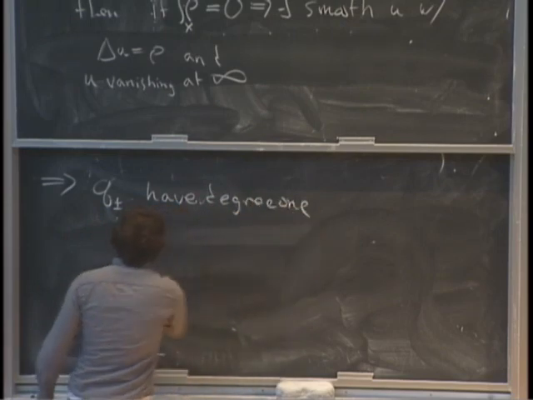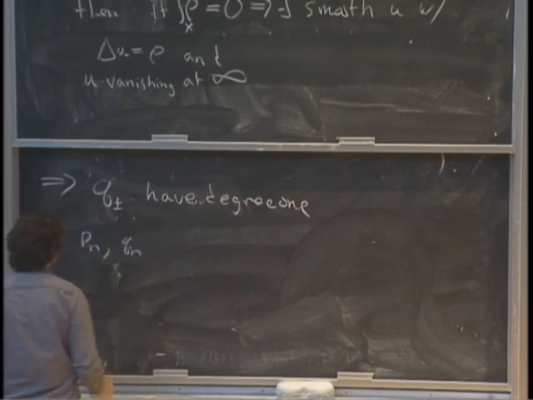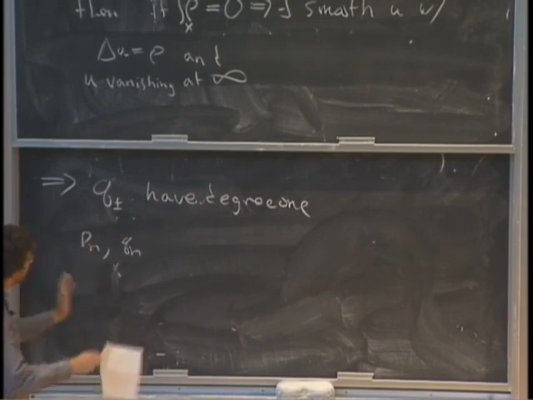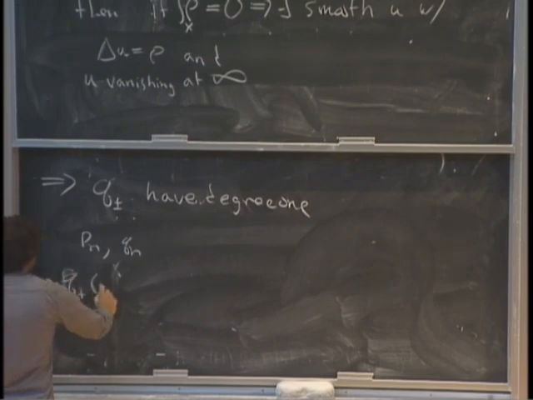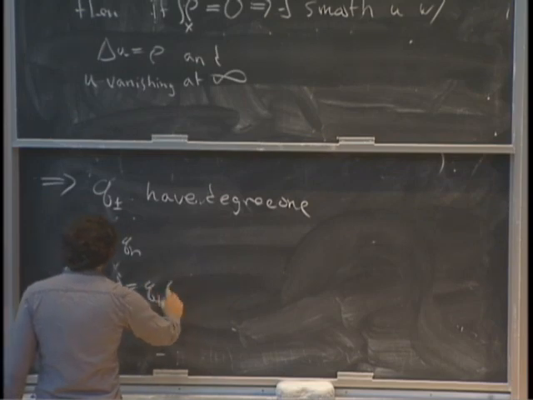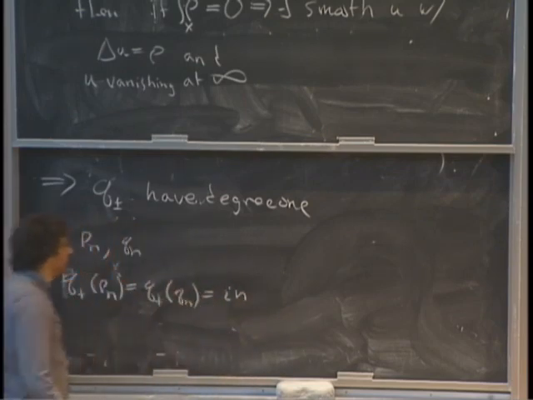The way to see that is just to take points Pn and Qn either distinct, or if they're equal, then they're supposed to be with multiplicity 2, and such that Q plus, say, of Pn is equal to Q plus of Qn is equal to I times n.